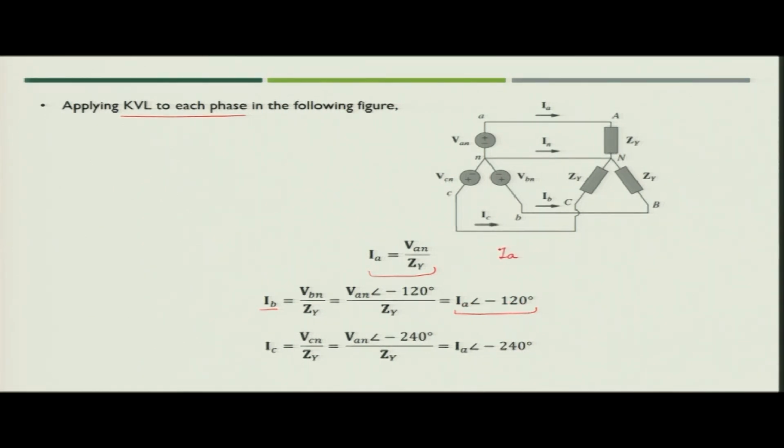If I_A phasor has magnitude and angle theta, then I_B will be theta minus 120 degree, and I_C will be theta minus 240 degree. Similarly, I_C is I_A angle minus 240 degree.